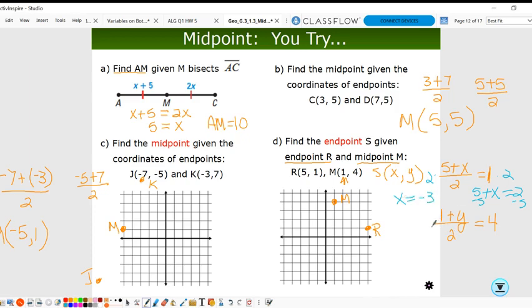When I solve down here, I'm going to multiply again by 2 on both sides. We'll get 1 plus y equals 8. Subtract 1 on both sides. We'll get y equals positive 7. So the other ordered pair, for S, should be (-3, 7). It's up here somewhere. That looks to be about right.